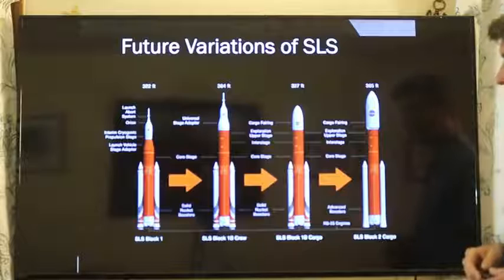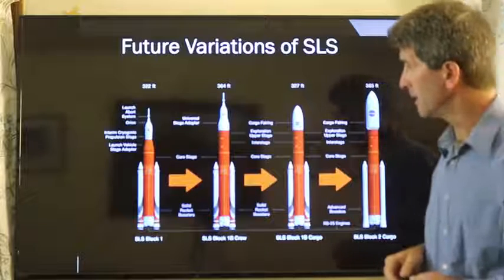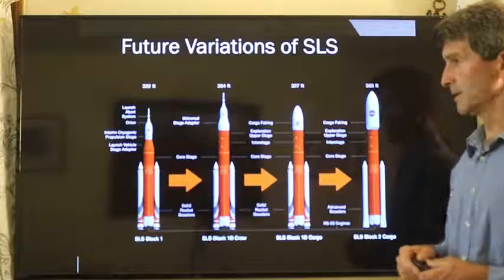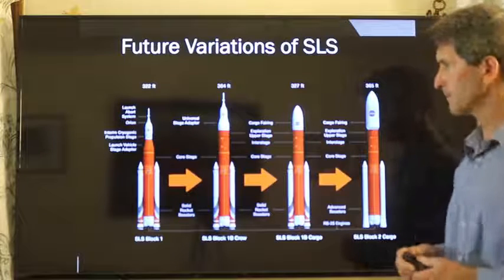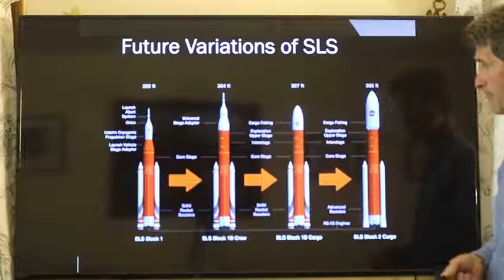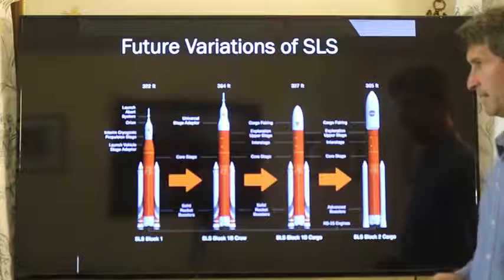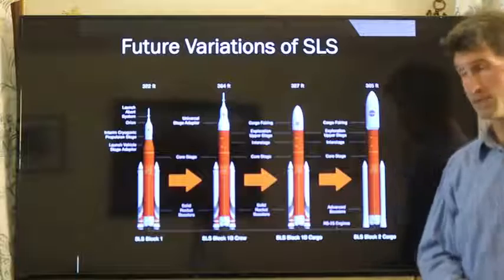It will have an exploration upper stage on it, which I'm not sure if it includes a lander. But you also have a cargo version of it, and the idea is eventually to take us to Mars.